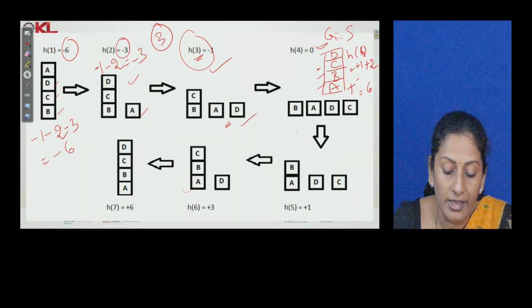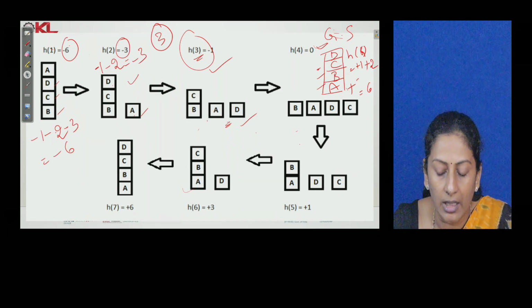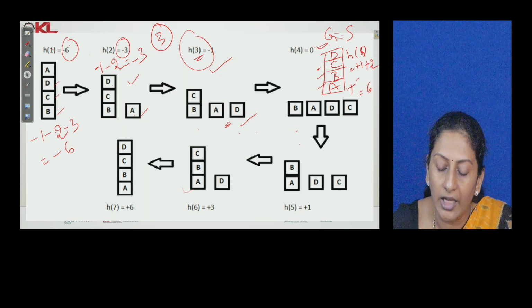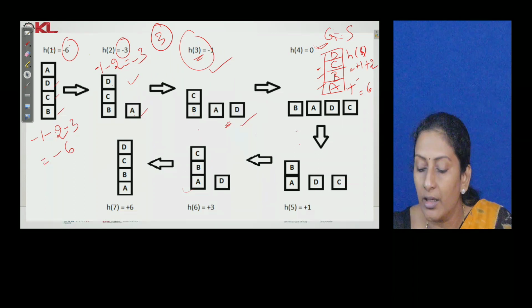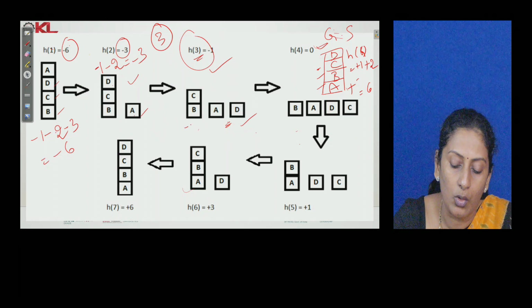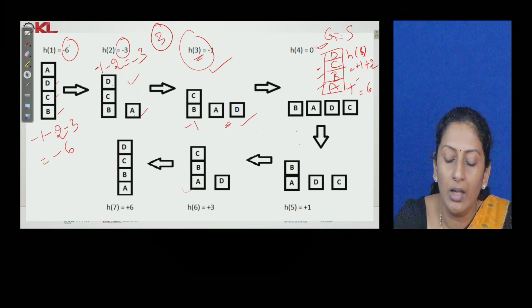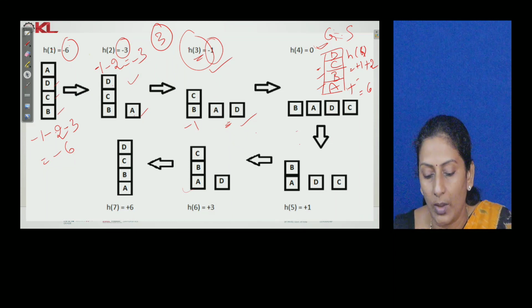So here there is nothing in this state, so don't do anything. Under A also there is nothing, don't do anything. Under D also there is nothing, no need to calculate. Under C there is only one block, B. In the goal state under C there are two blocks, so one block is placed wrongly, so I am subtracting -1. So I considered all the blocks, that's how I get -1 here.